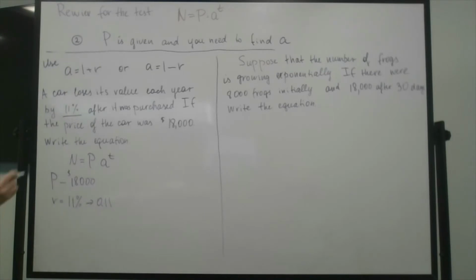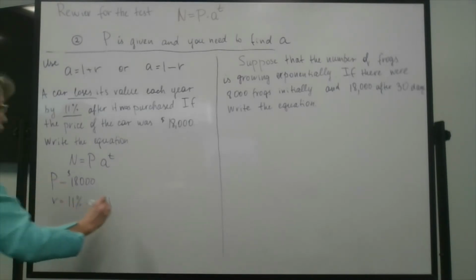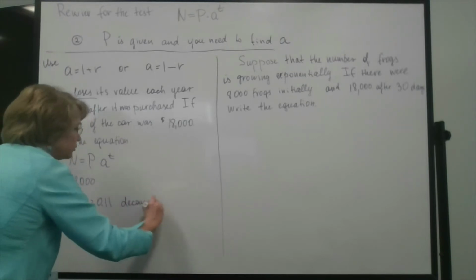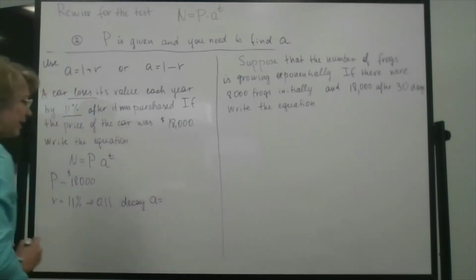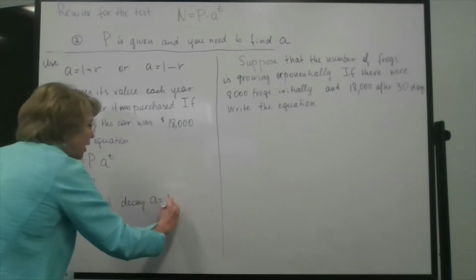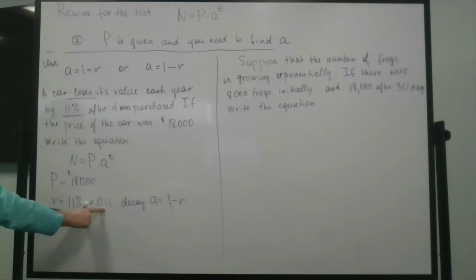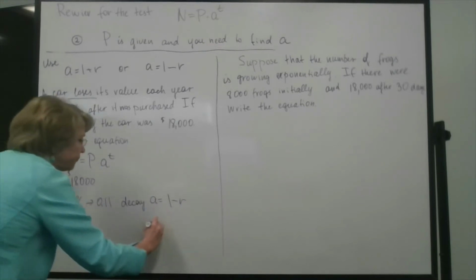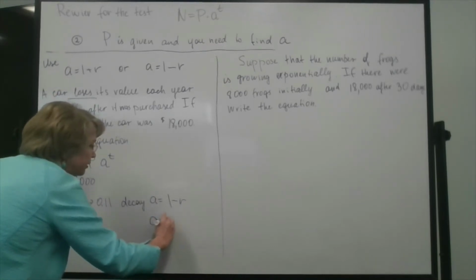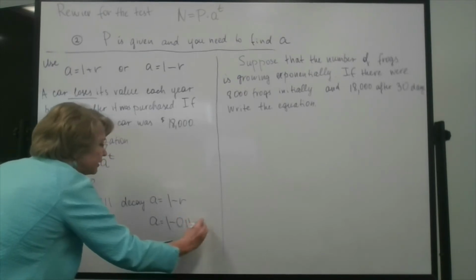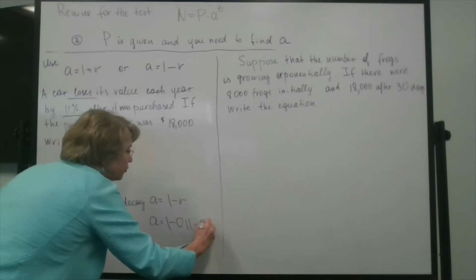Then you have to read one more time and see that the car loses its value. So we're talking about decay. So we have to use the formula A equal to 1 minus R. Now we will substitute our R into this formula, and A will be 1 minus 0.11, that is 0.89.